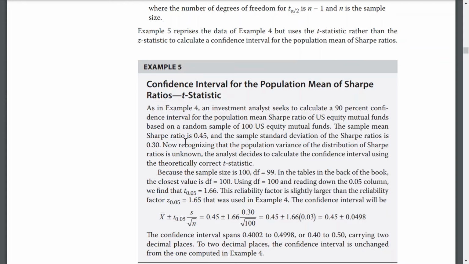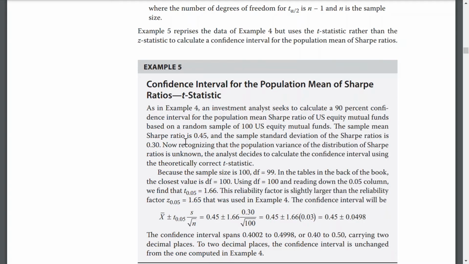The sample mean Sharpe ratio is 0.45, and the sample standard deviation of the Sharpe ratio is 0.3.